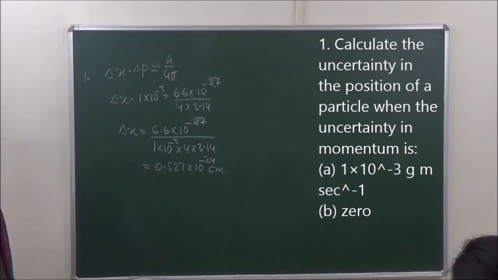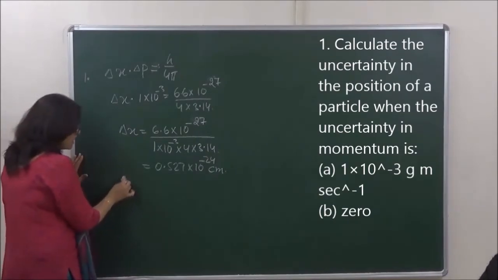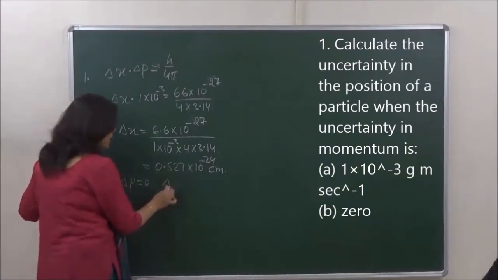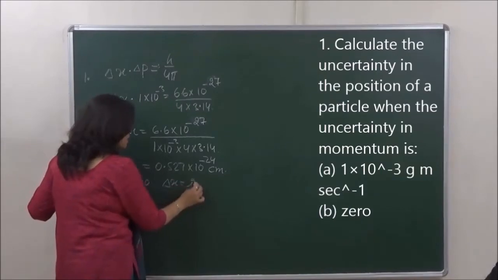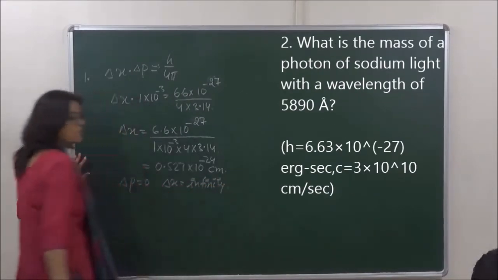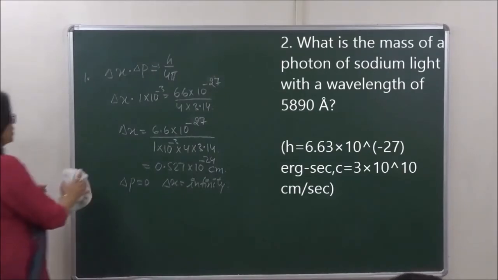Clear? Then b: when the value of delta p is 0, then what will be the value of delta x? That is going to be infinity. So whenever the value of delta p is given as 0, in that case delta x will become infinity. Clear? Let's go on to question number 2.